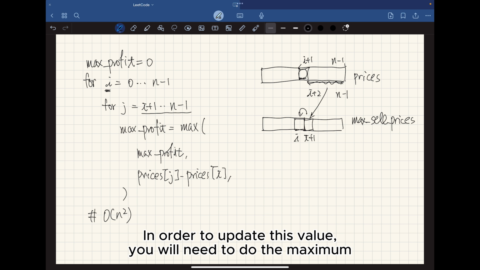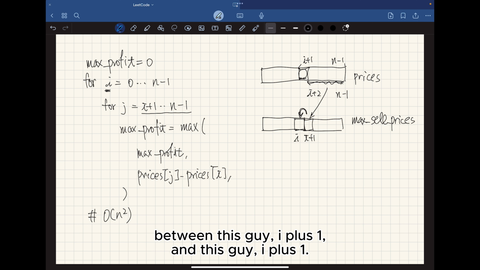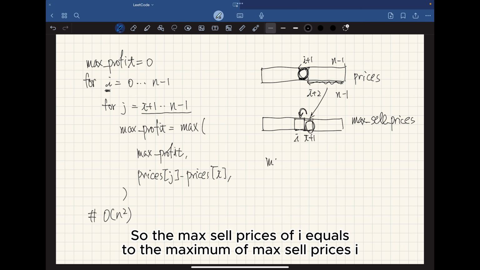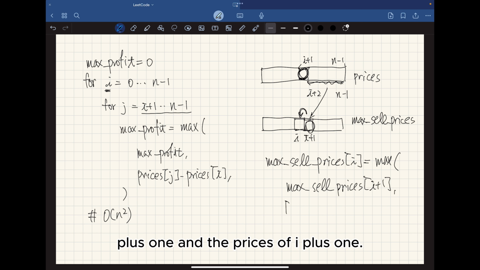In order to update this value, you will need to do the maximum between this guy, i plus 1, and this guy, i plus 1. Let me just write it down. So the max sell prices of i equals the maximum of max sell prices i plus 1, and the prices of i plus 1.